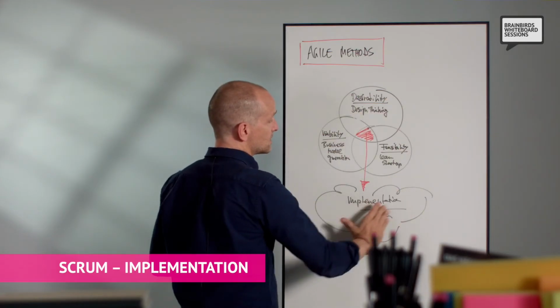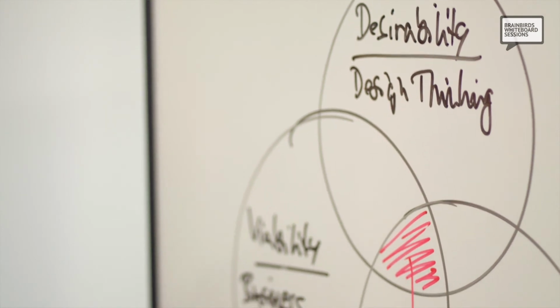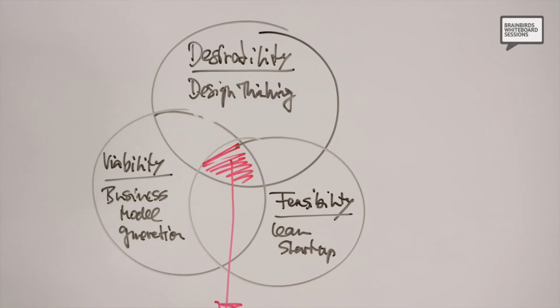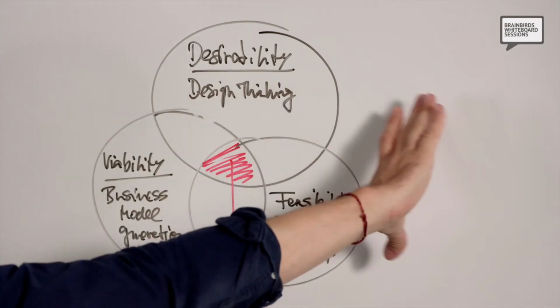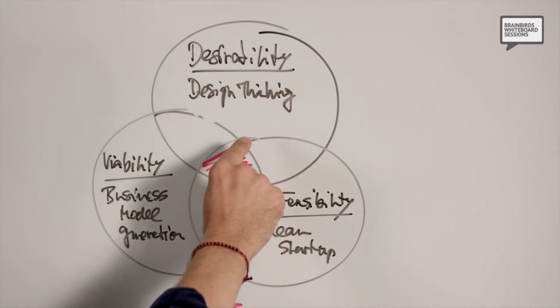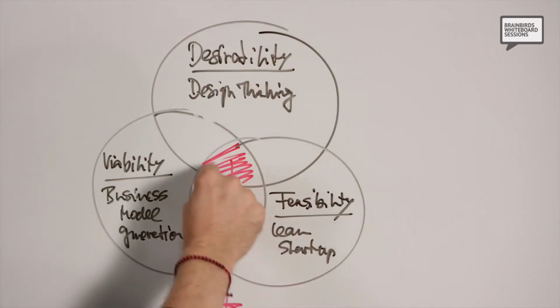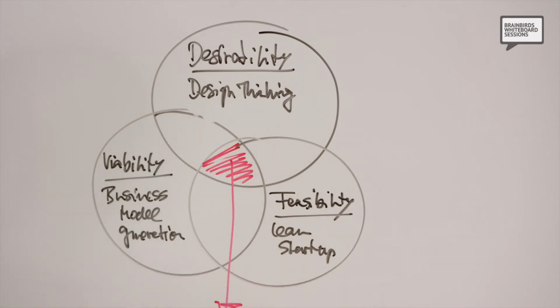Each of the methods focuses on a specific component, but each of the components is required to build solutions that really make sense. The business side typically focuses on these 3 components: desirability, viability, and feasibility, making sure what they bring to implementation makes sense.